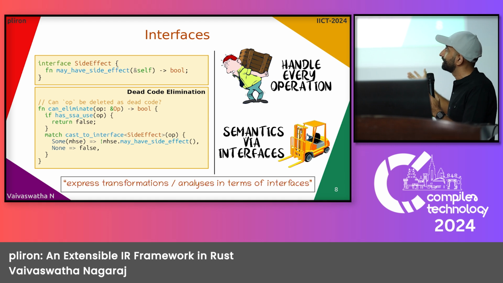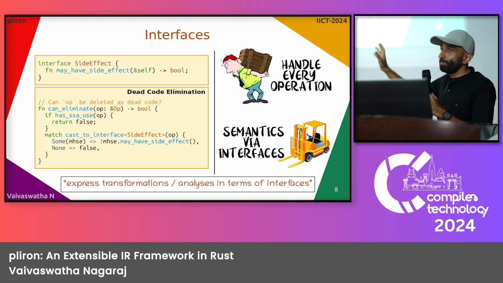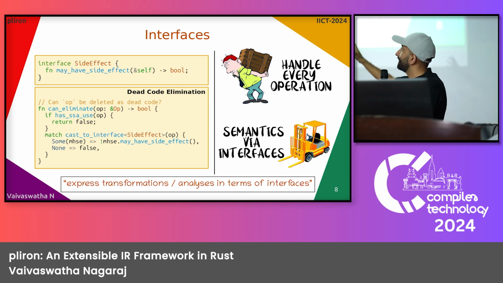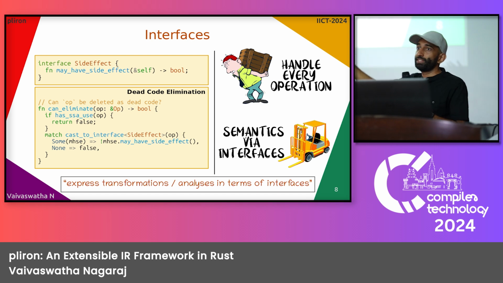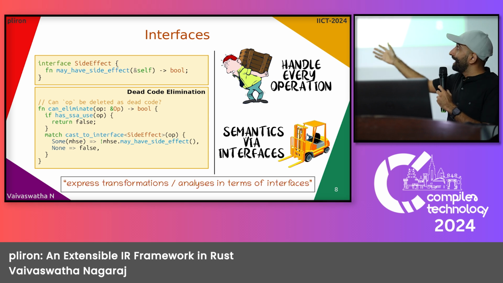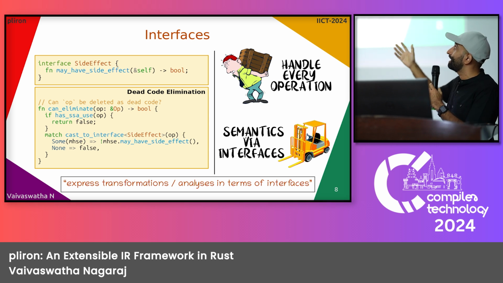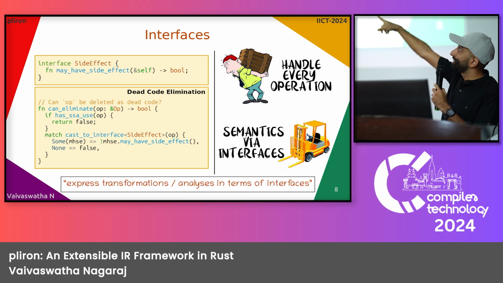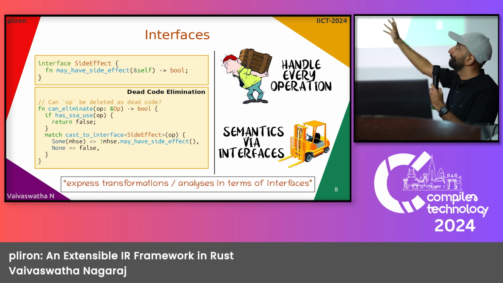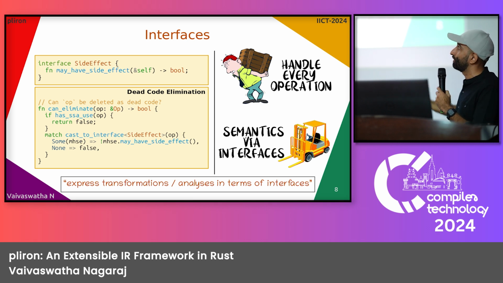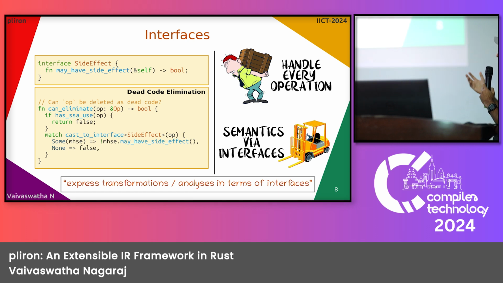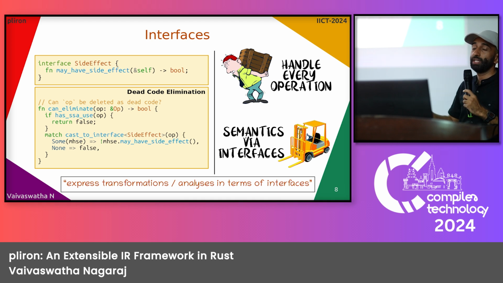And basically, in pseudocode, how you would rewrite the previous function would be, you check if there's an SSA use, that's the same as before. And then what you do is you see if the operation in question implements the side effect interface. The interface is shown above, and it just has one method, may have side effect. It returns true or false. And now, if the operation does not implement the interface, then you've got to be safe.